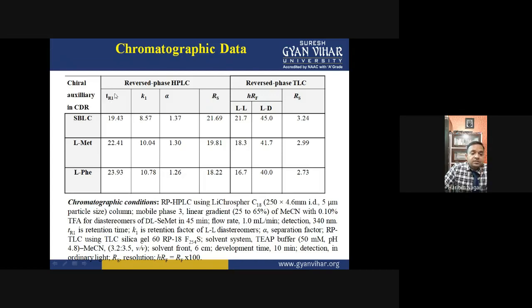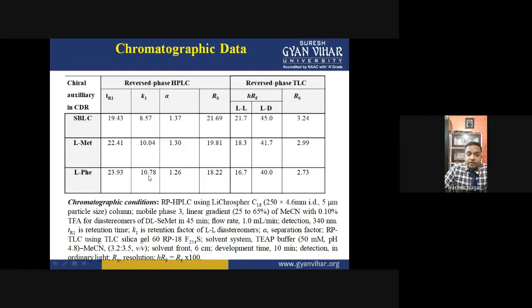TR1 means the retention time of the first eluted diastereomer. The K1 retention factor values are 8.57 with L-methionine, 10.04, and with L-phenylalanine 10.78.